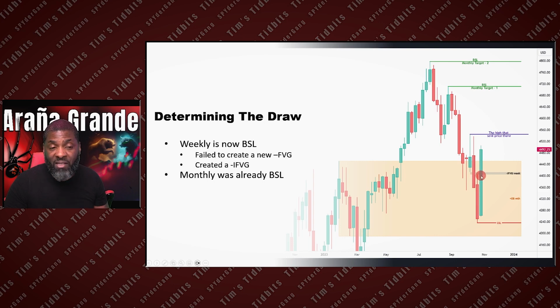So now on the weekly, our draw is no longer to the sell side because we rejected this sell side. Our draw is now to the high that sent us there, which is buy side liquidity. So now it failed to create a bearish fair value gap, and it created an inversion fair value gap as stated. And then the monthly was always buy side liquidity because we were just anticipating a draw back into a discount PD array to find an opportunity to attack the buy side.